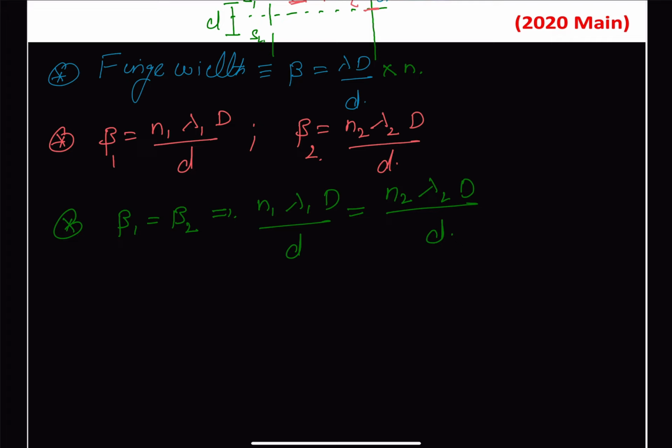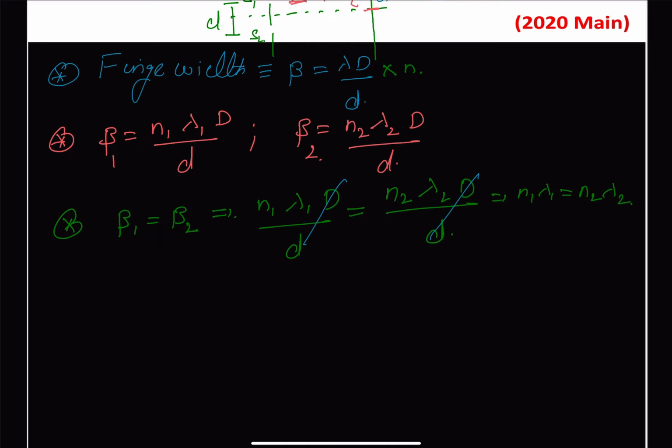and here capital D and small d cancel out, therefore we get from here that n1 lambda 1 is equal to n2 lambda 2, and we need to find lambda 2, which in the question is given as lambda.